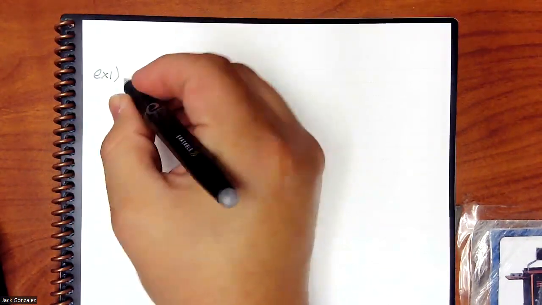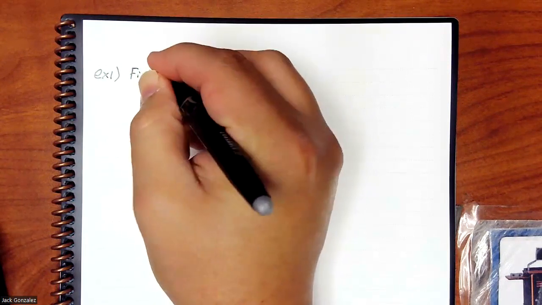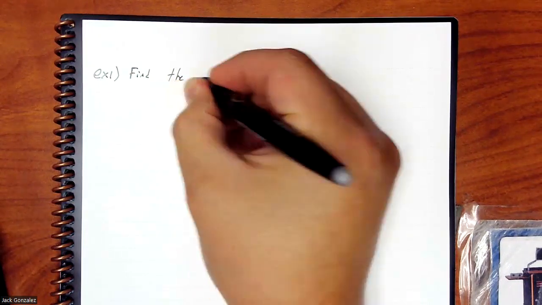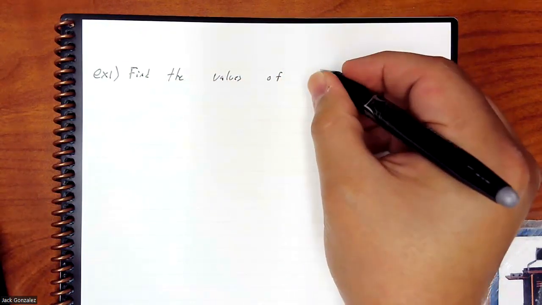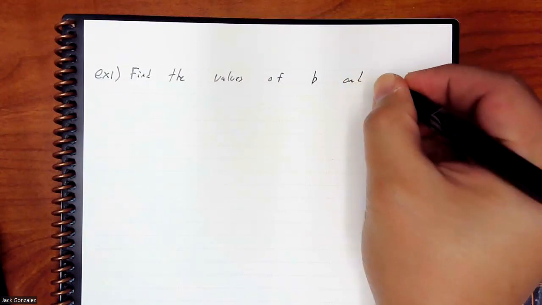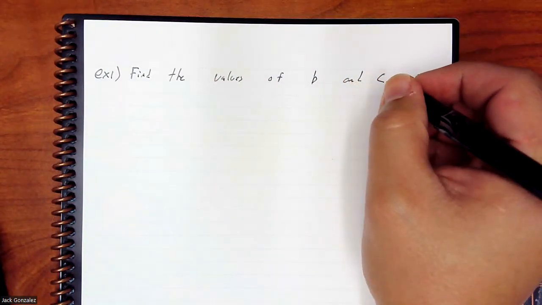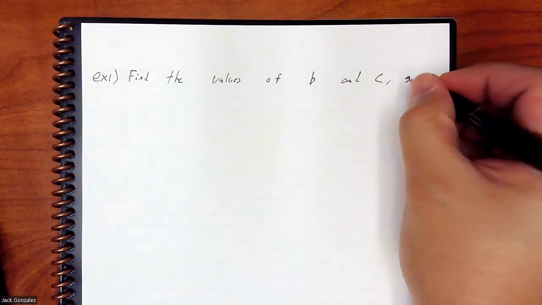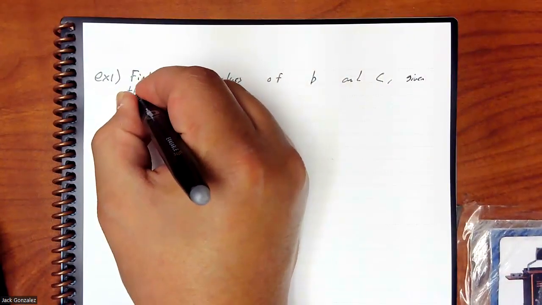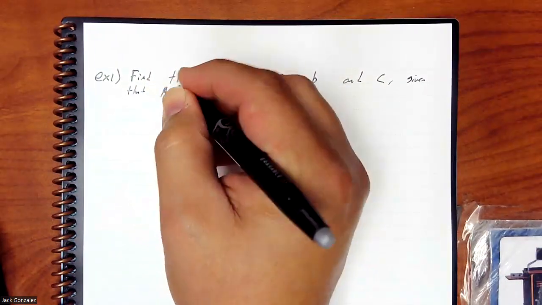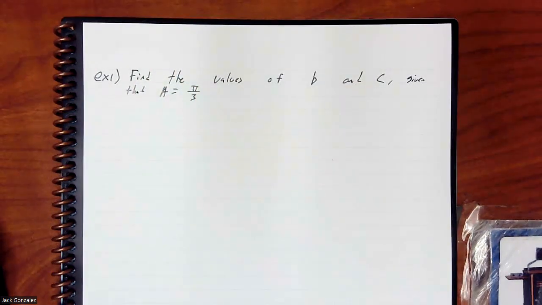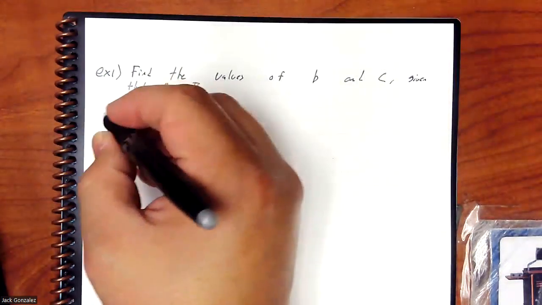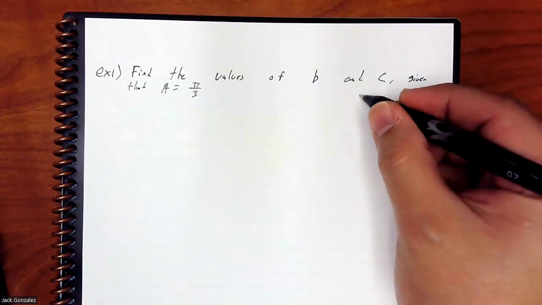Example 1. Find the values of B and C given that A is equal to pi over 3. All right, so they give you a picture in the homework. I'll draw it over here, I guess.